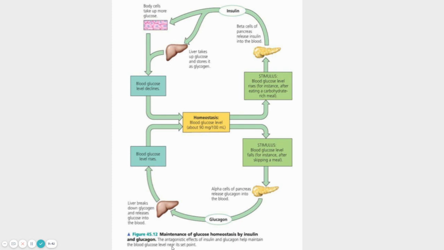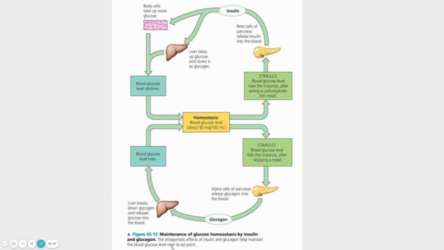So your body's trying to maintain homeostasis. It needs to bring your blood glucose level back down to a more normal level. And it does that by producing insulin. Your pancreas makes insulin, a hormone, which circulates all throughout your body. When insulin gets to your liver, it attaches to a receptor molecule.